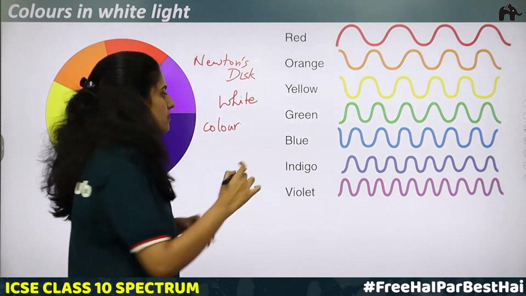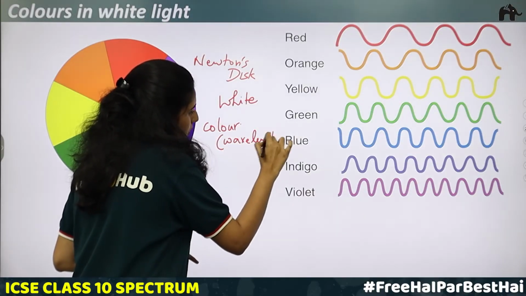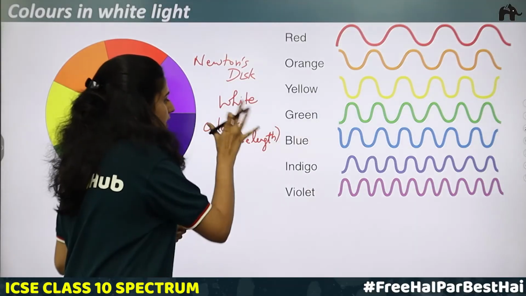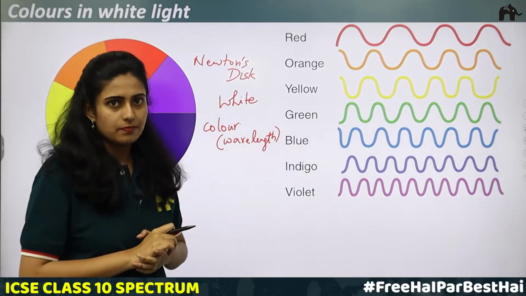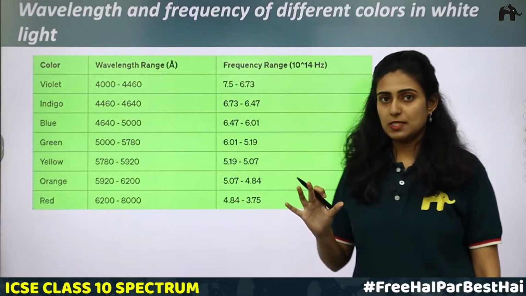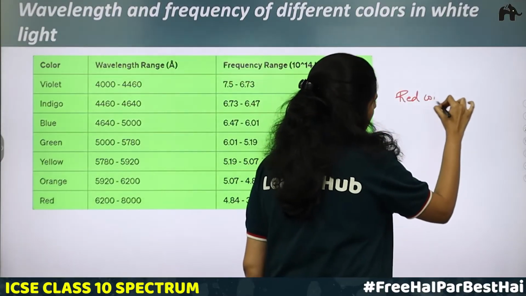For different colors we said the wavelengths are different, so we can say that the wavelength of the light is a characteristic for different colors. Clear? Now these wavelengths are not source dependent. For example, you are considering red color, red color light.